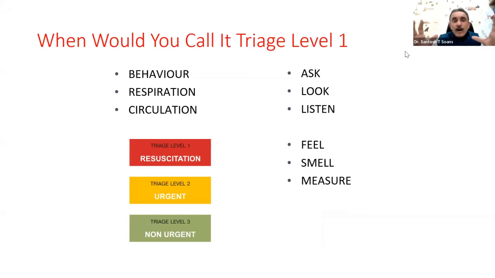So when you call it a triage 1, you look at behavior, respiration and circulation. Ask these 6 things: ask, look, listen, feel, smell and measure.